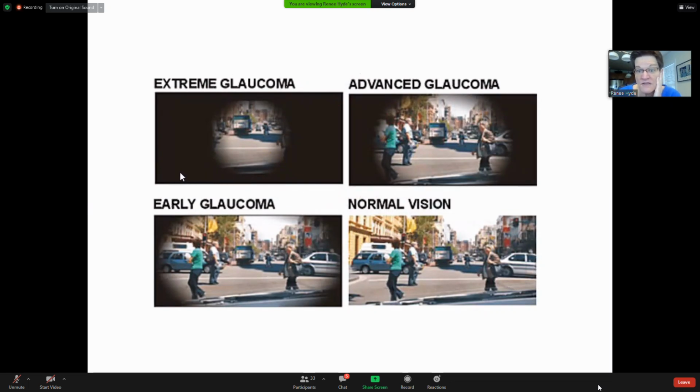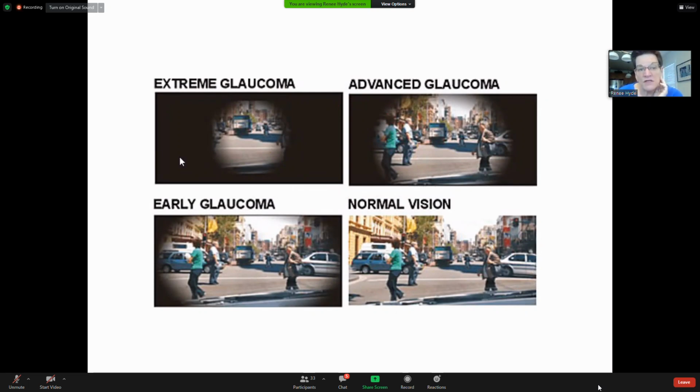And when it becomes extreme, we refer to this as almost tunnel vision, because there is no peripheral vision that this patient can see. And in fact, it can be a big, big safety issue, because if this patient has no peripheral vision, think about crossing the street. They may not see cars coming at them unless they turn their head multiple ways and ensure that there are no vehicles coming at them, okay?